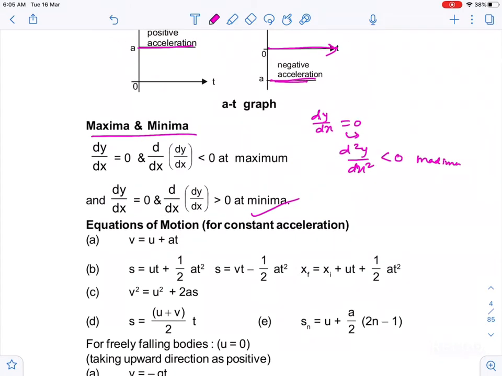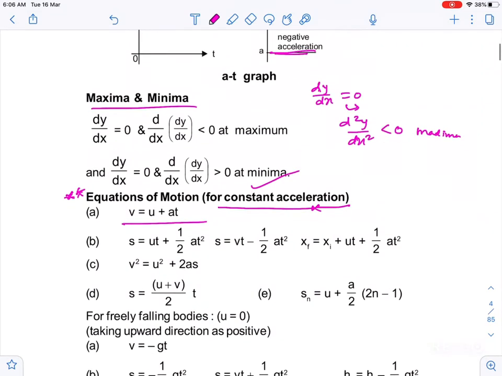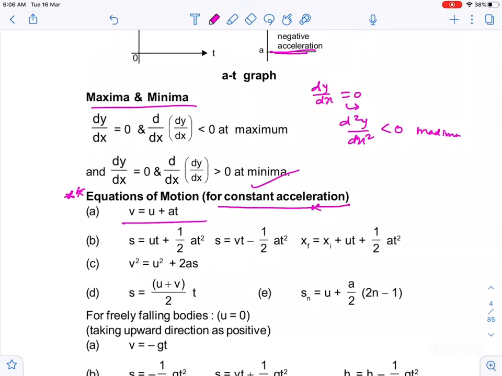Now you should keep in mind the equations of motion. Don't forget guys, these formulas are valid only when acceleration is constant; they are not valid when acceleration is not constant. So v is equal to u plus at, s is equal to ut plus half at square. You cannot underestimate these formulas, because they are also important for JEE, and some questions have been asked.